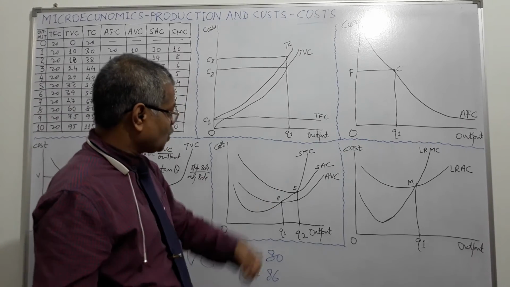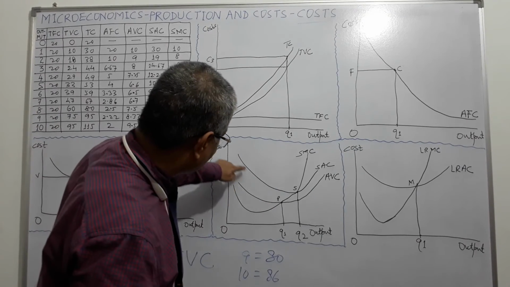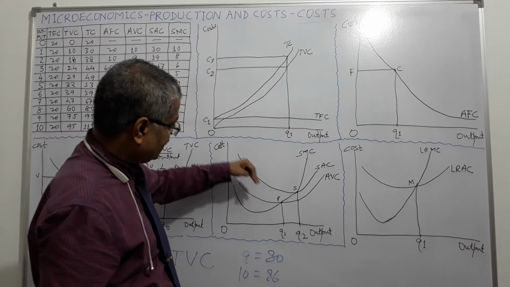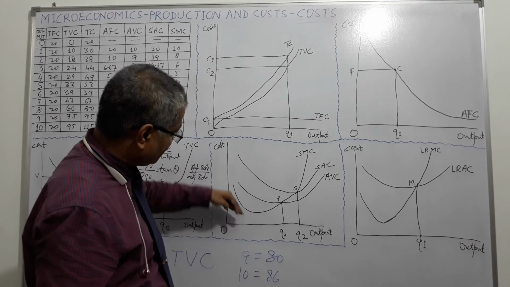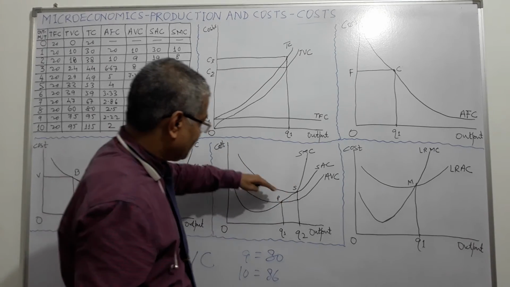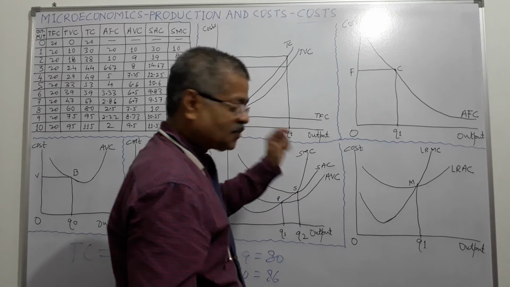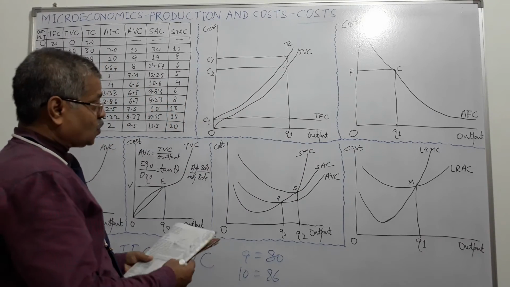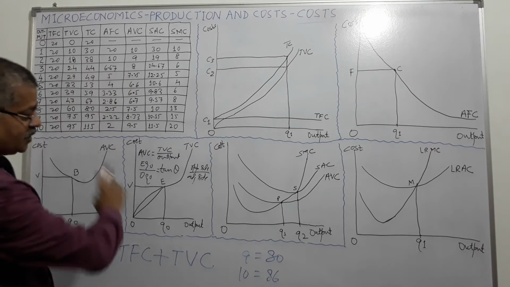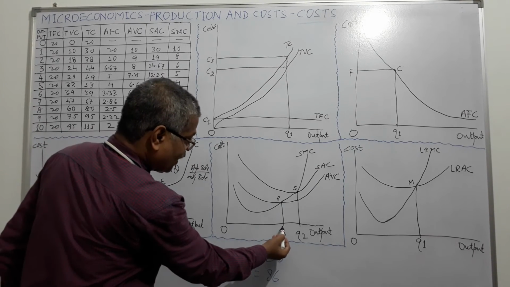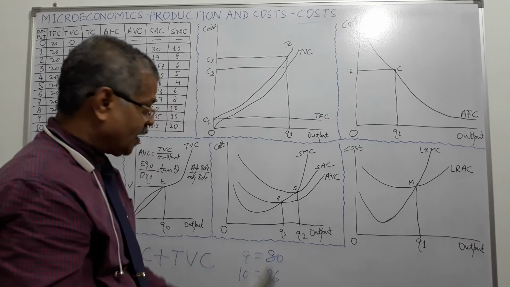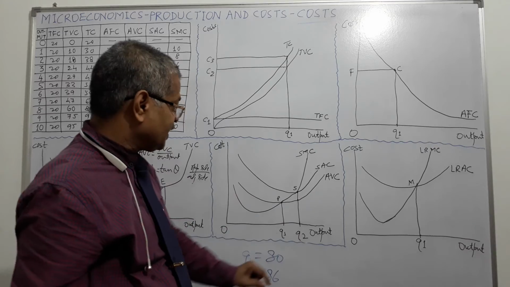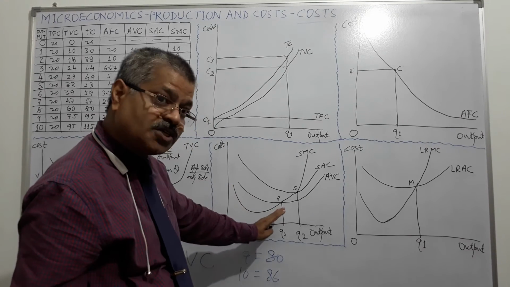And what happens to short term average cost? This is the short term average cost. This declines and with that marginal cost remains below that, and when it increases, marginal cost increases but remains above short term average cost. You can correlate with all this. To the left of Q1, average variable cost is declining and marginal cost is below that.